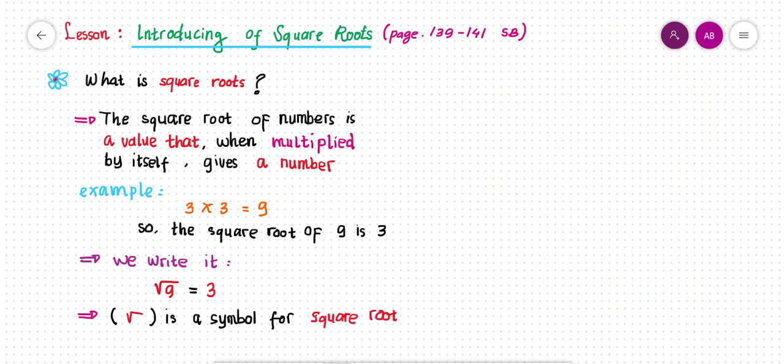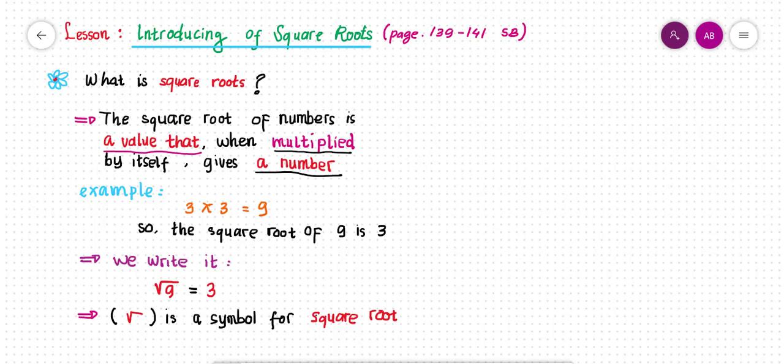Okay, what is a square root, everyone? The square root of a number is a value that, I will choose a different color, a value that when multiplied by itself, gives a number, everyone. So it has to be the same number.